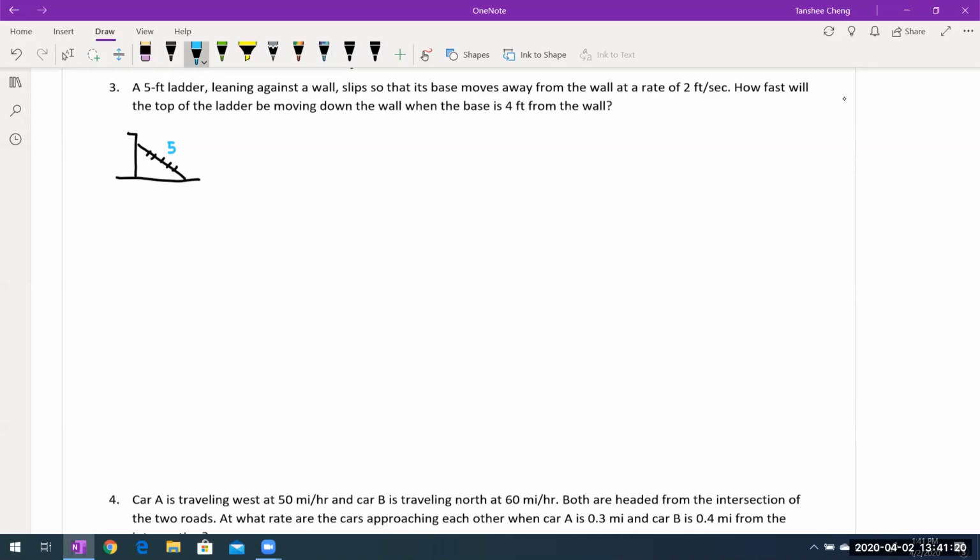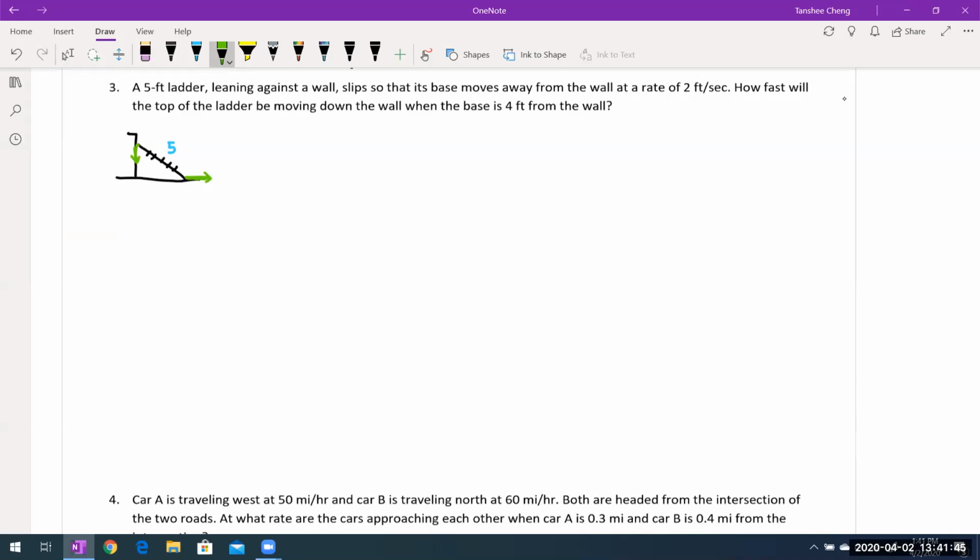And then when the ladder slips away from the wall, this is slipping in this direction, and therefore the top part is also slipping down.